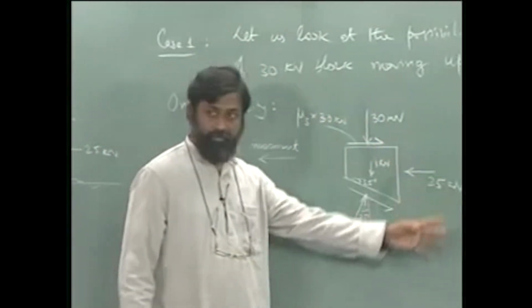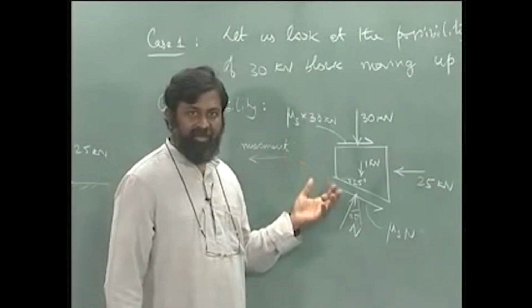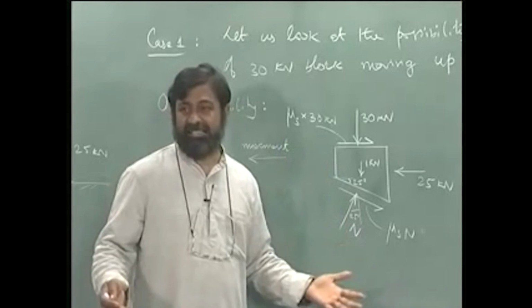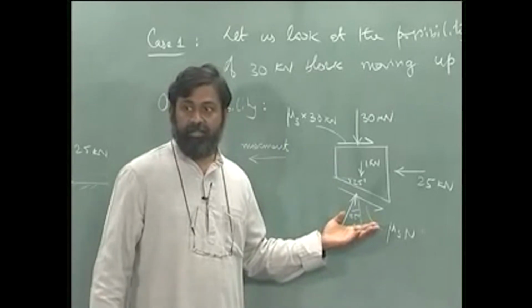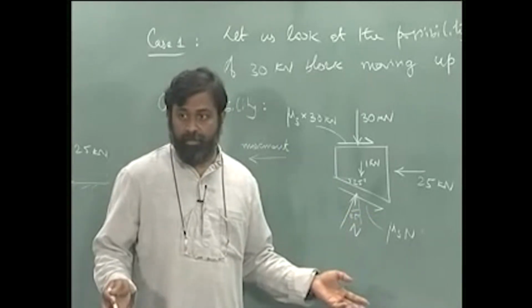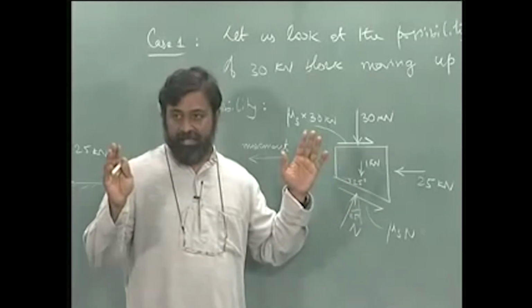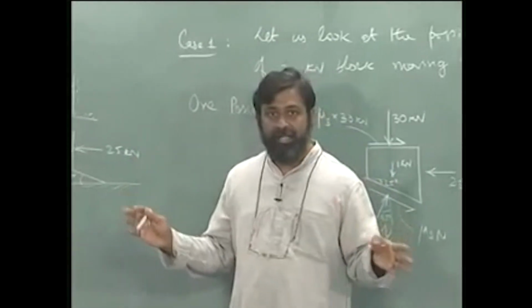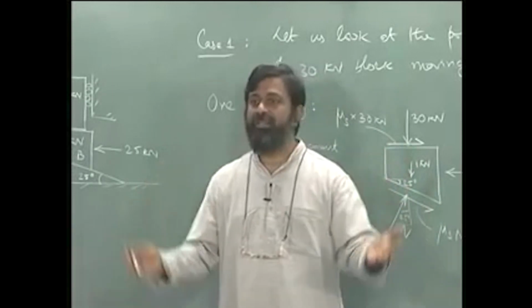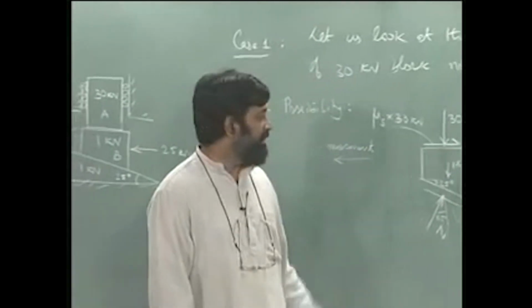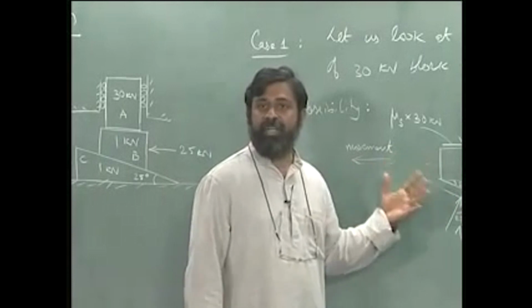Now, this is the free body diagram. Remember, I have assumed a static case. That assumption itself may not be holding true, but let us say for the given condition that it is in statics to start with, and let us say the movement is impending only.